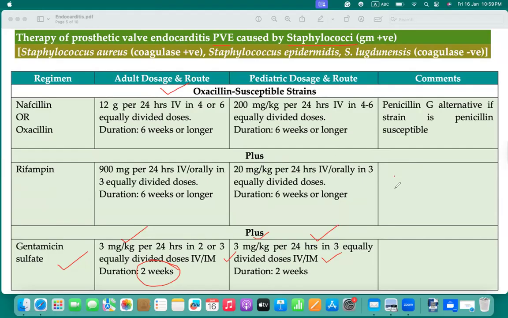The first one is nafcillin, the second one is rifampicin, and third one is gentamicin. There is no optional addition of gentamicin. It's compulsory for the prosthetic valve endocarditis, if the strain is oxacillin susceptible.